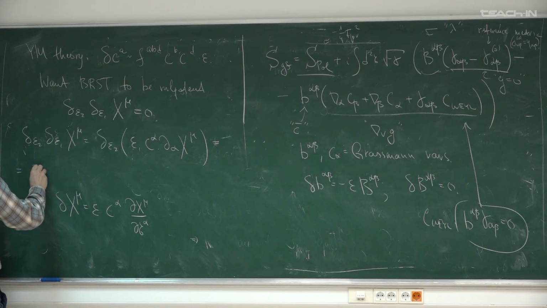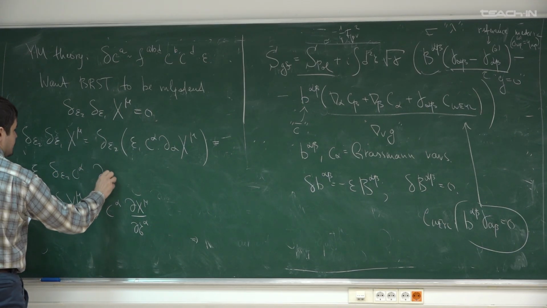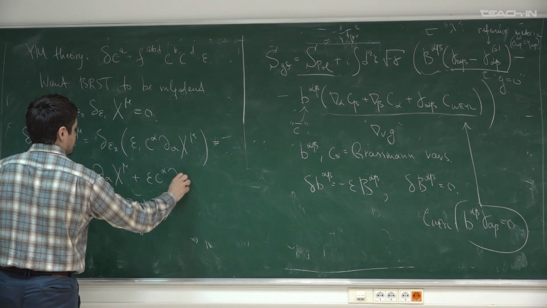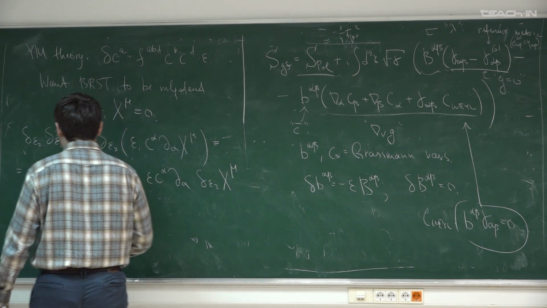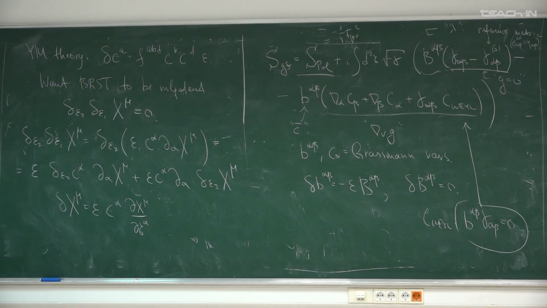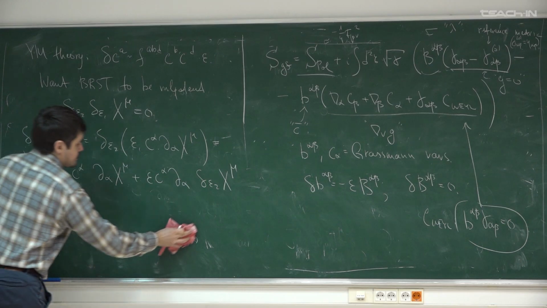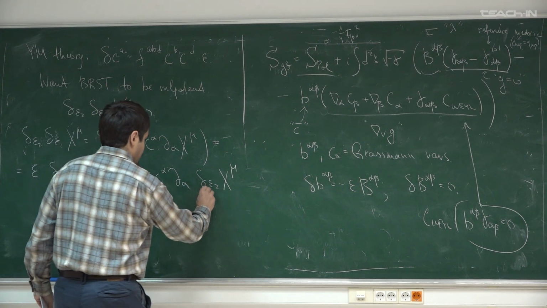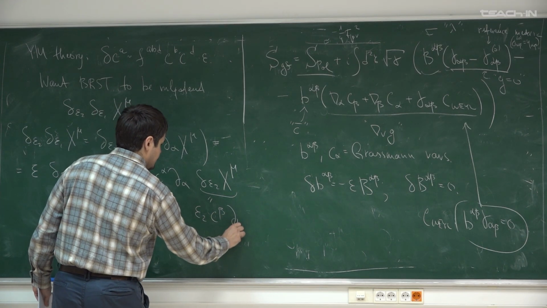So this is epsilon delta epsilon 2 C^alpha times d_alpha X^mu plus epsilon C^alpha d_alpha delta epsilon 2 of X^mu. And this, of course, we also know. This is just epsilon 2 C^beta d_beta X^mu.